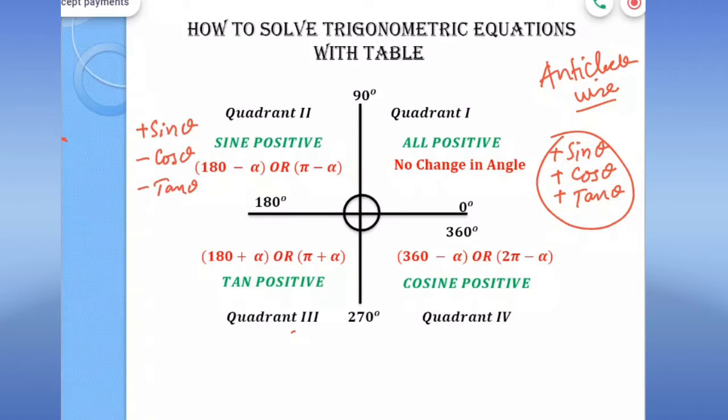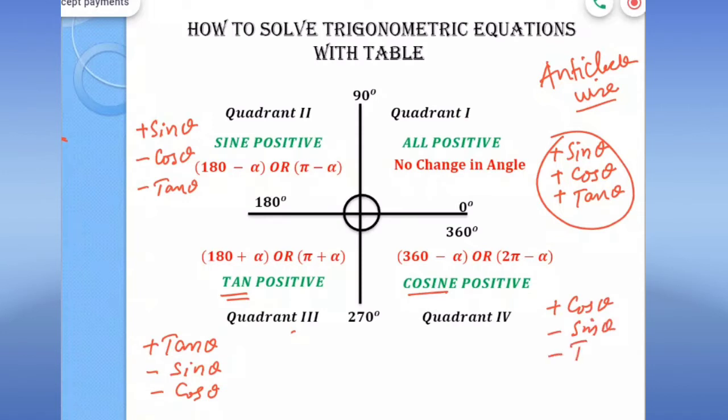For the third one, tan is positive, but the sine and cosine values are both negative. For the fourth quadrant, the cos value is positive, but the sine and tan values are negative. So this is the way by which we can find the values according to their quadrant.